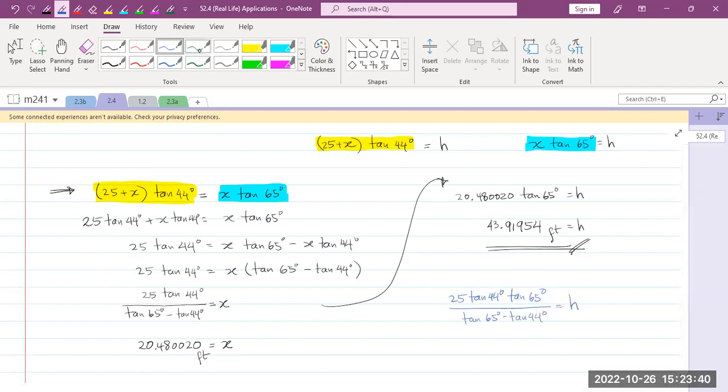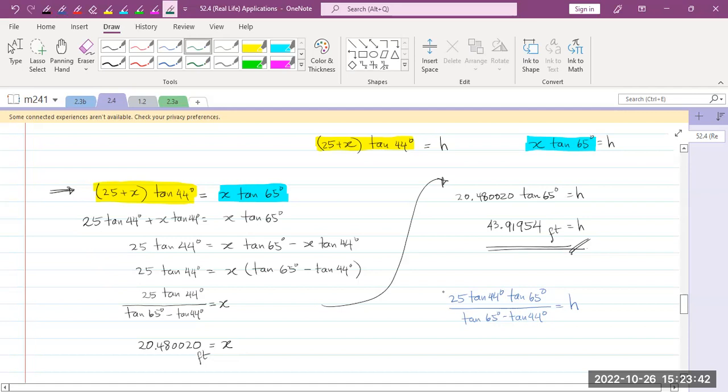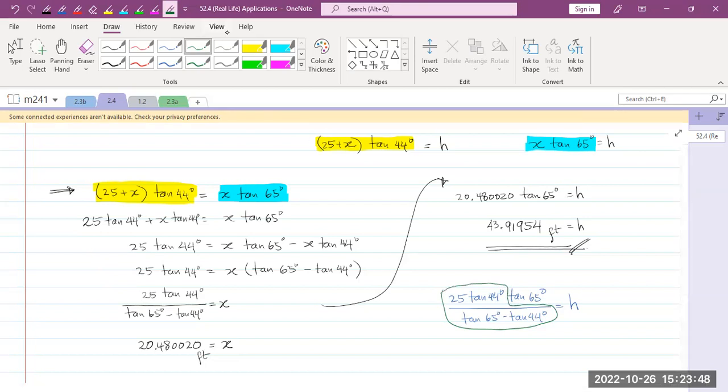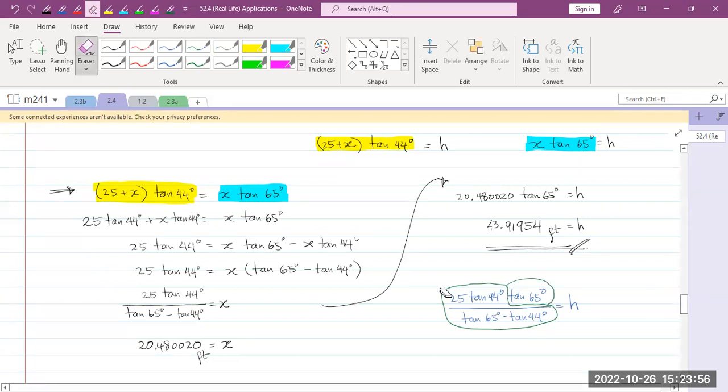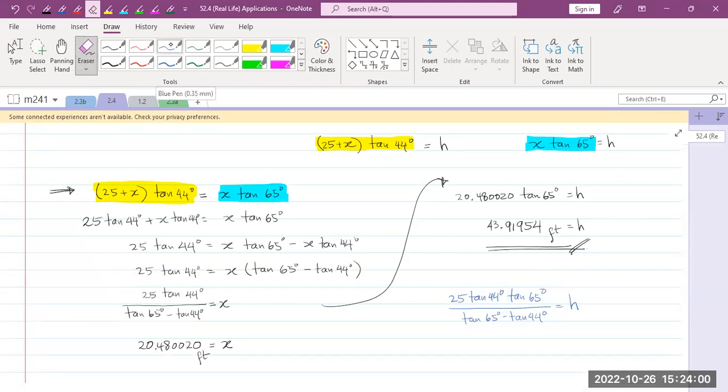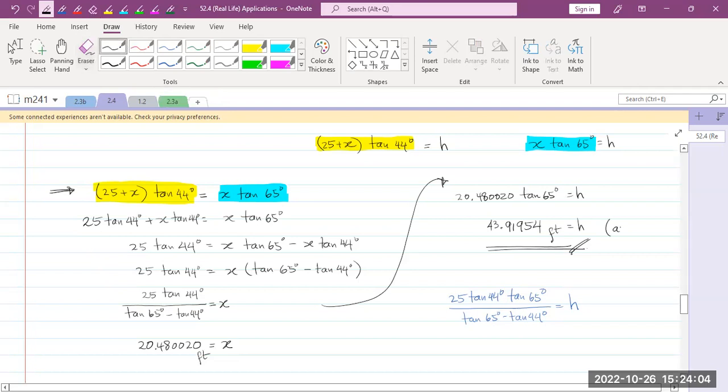Notice that this is my x multiplied by tangent 65 degrees. Okay. Now that is the exact solution. Okay, but the approximate solution is the one here. This is the approximate solution.